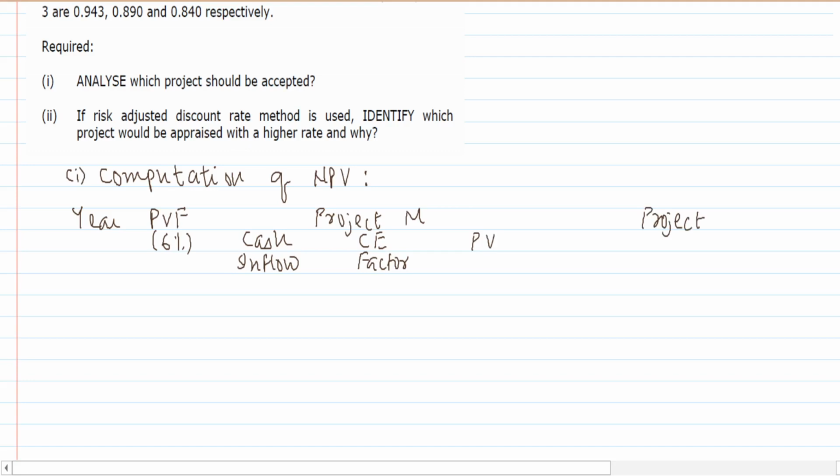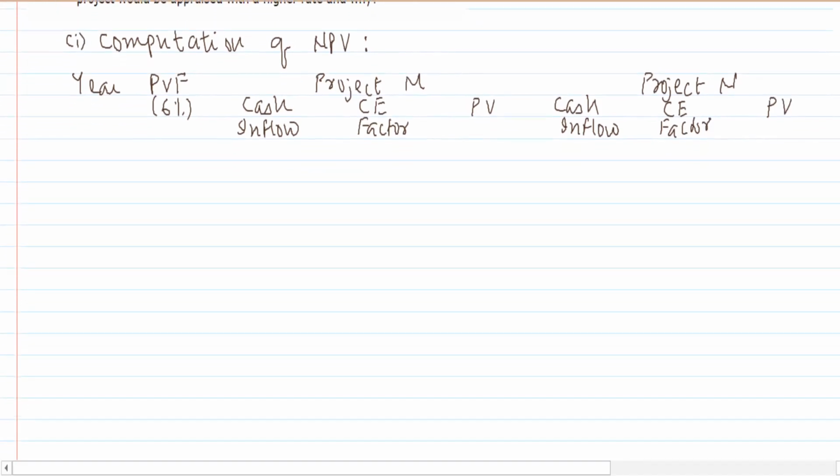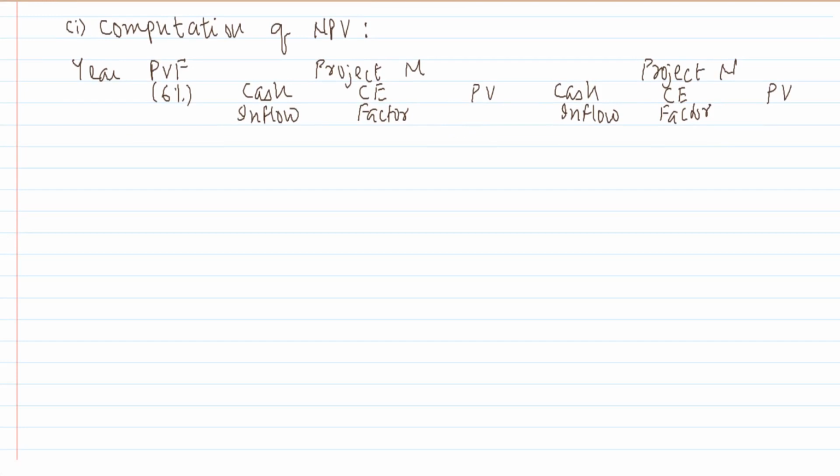We'll do analysis of the two projects simultaneously: cash inflow, CE factor, and the present value. Information is given for 3 years. Present value factors are also already given.